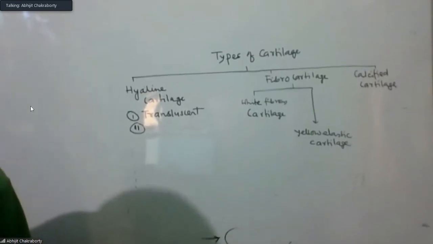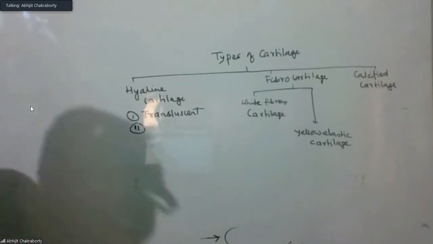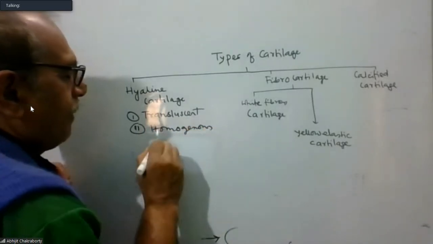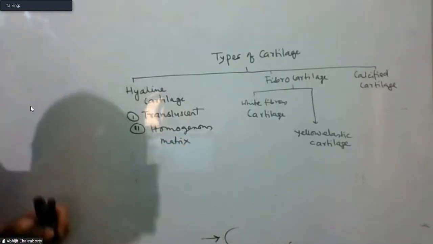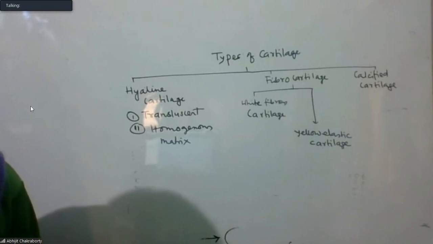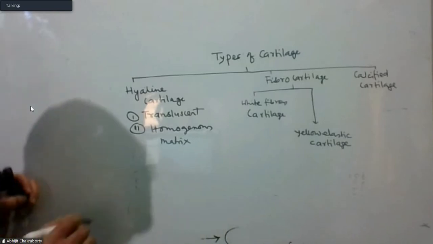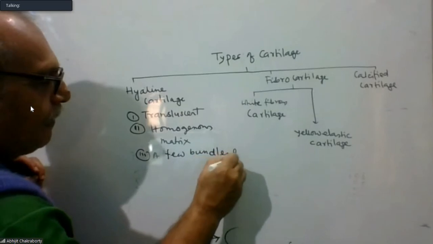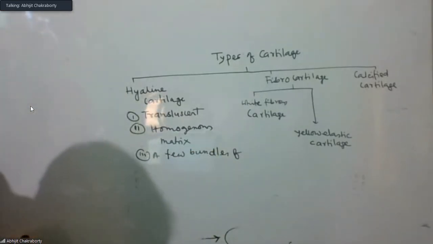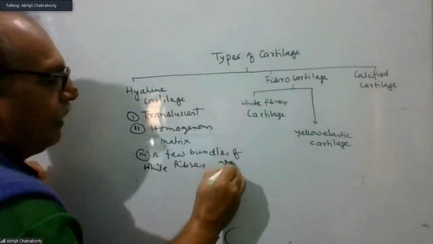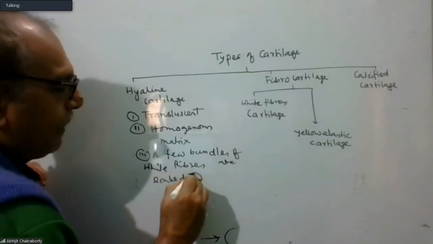Another most important point here. Homogeneous matrix, then you will get a few bundles of white fibers embedded in the matrix.